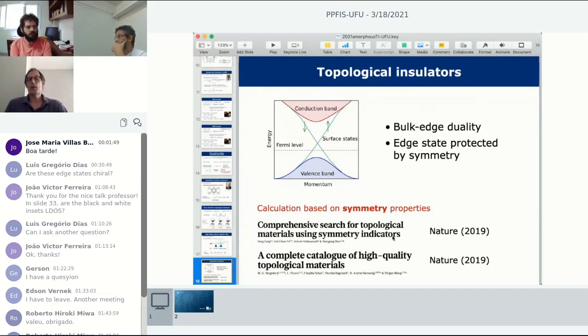Just by running DFT calculations, you have thousands of candidates for this. All this works. They rely on symmetry properties and on some integration of a given topological invariant over the Brillouin zone.